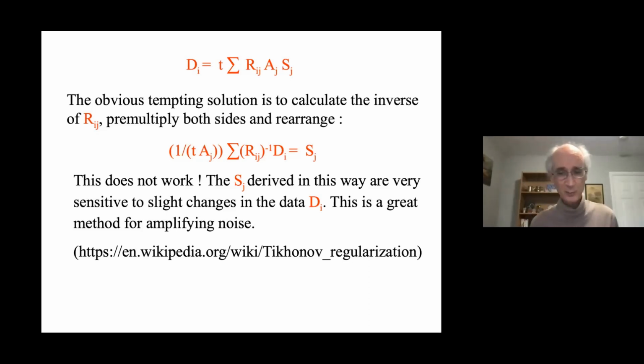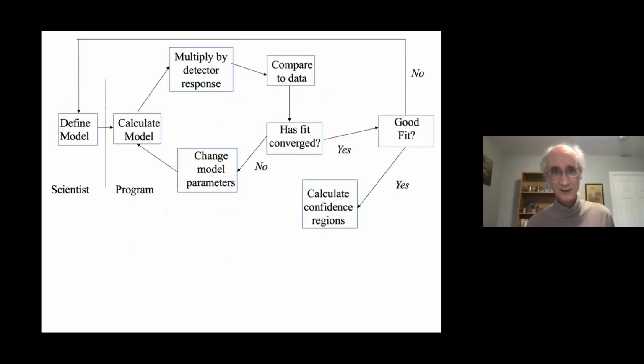So that's what we've done. And this is my standard plot about how most X-ray spectral analysis is done. There's a division between the scientist and the program. What the scientist does is start by defining a model. And then inside the program, you calculate the model, you multiply by the detector response, you compare to the data, and you basically go around the loop.